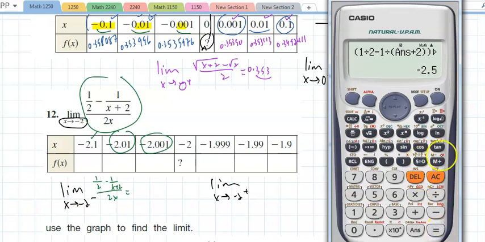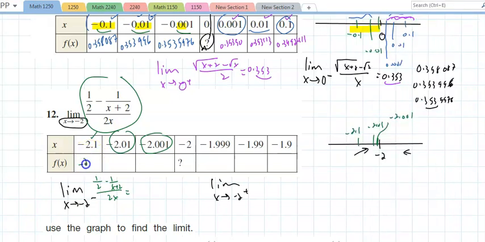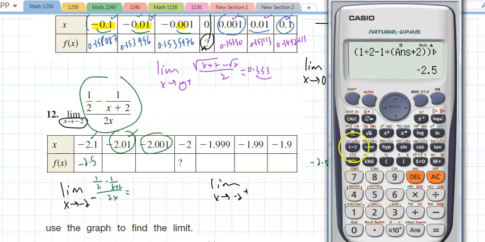That's given me negative 2.5. So from the left I have negative 2.5. What if I got a bit closer? What if I take negative 2.01, and if I go back to my answer and evaluate that, that's negative 25.